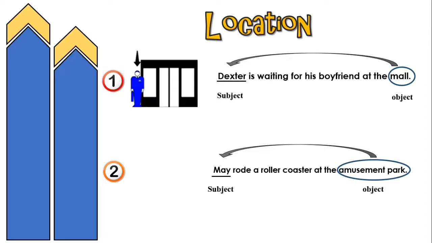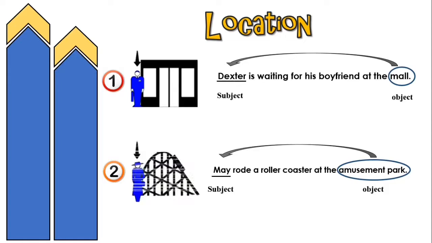We all know that the amusement park is a public place where there are a lot of different people coming over to enjoy different rides. Now, if this sentence turns into an illustration, it looks like this. So that's how we're going to use the preposition at in terms of location.